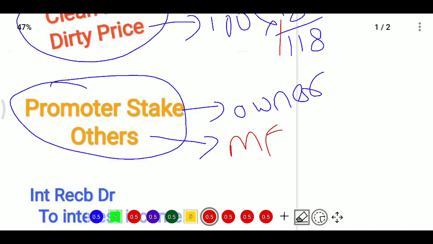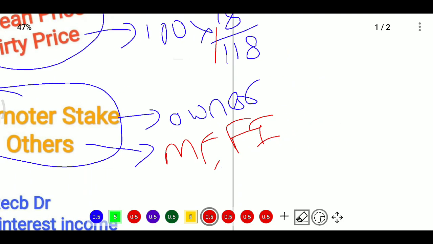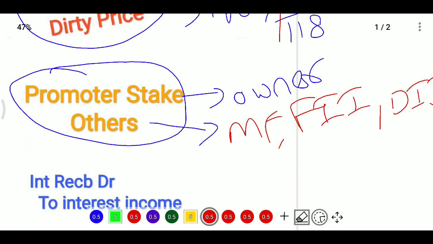In some cases more shareholding will be with other persons also. If you are newly entering the market, which company would you choose: high promoter stake or more held by others? Absolutely you will choose the one where the promoter stake is high. Why?